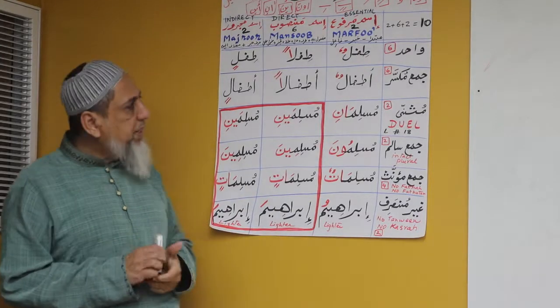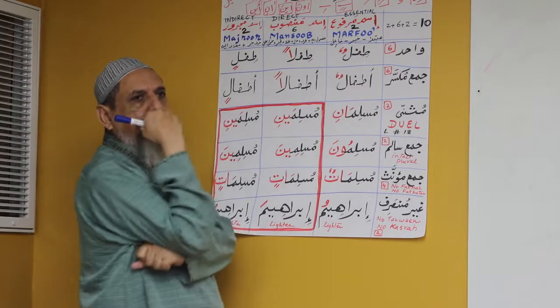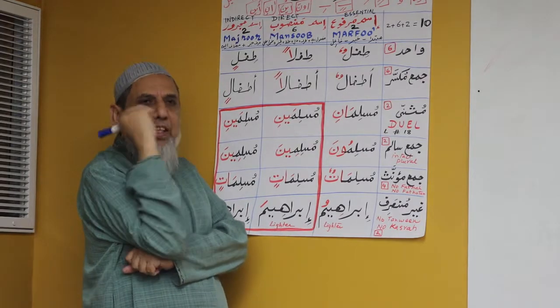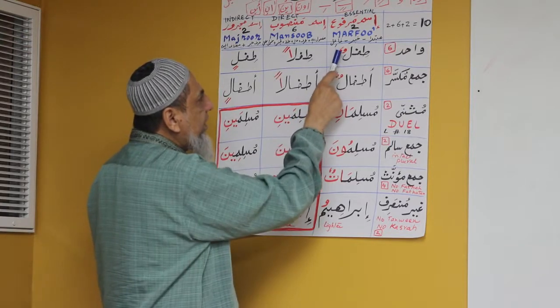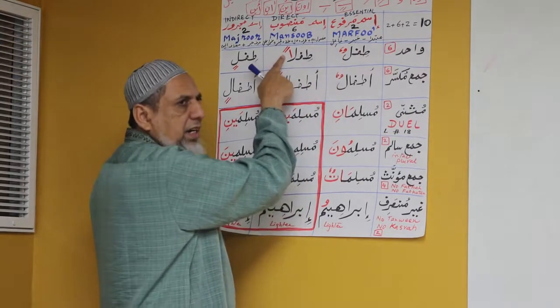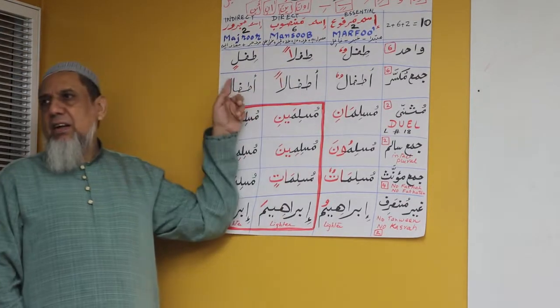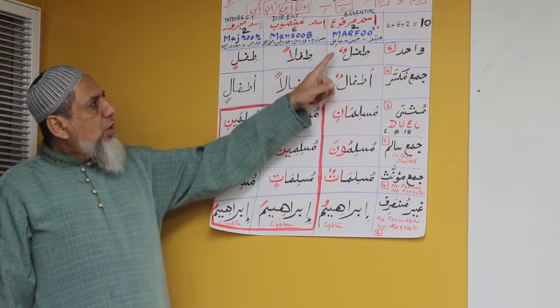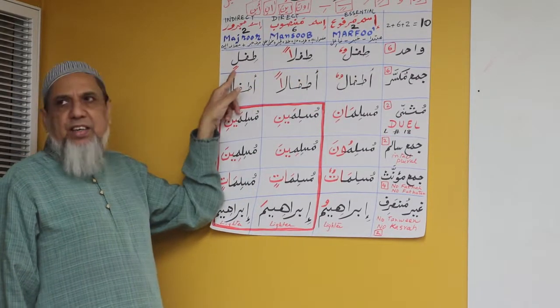Number 1, tiflun, you see here at the end dammatan. Tiflan, you see fathatan. Tiflin, you see kasratan. So 2 dammas, 2 fathas and 2 kasras.